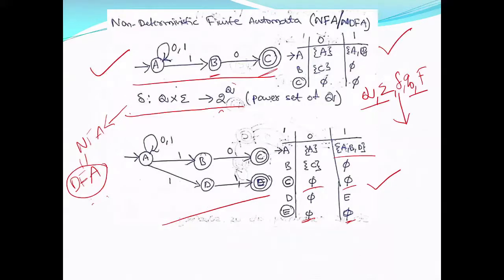Look at the previous NFAs. These are the NFAs I have introduced. This NFA is for 0 or 1 whole square. Look at this A: 0 or 1 repeated any number of times.